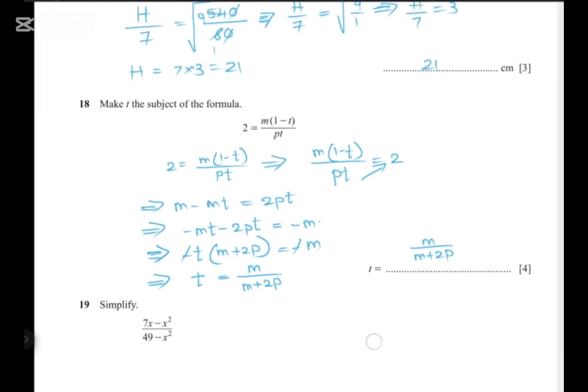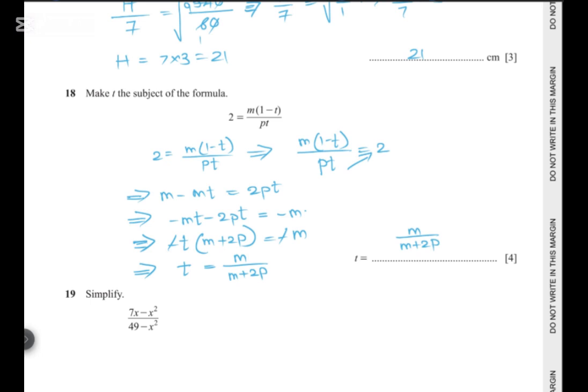Question number 19. Simplify 7x minus x square by 49 minus x square. Here in the numerator you can take x common and write in the bracket 7 minus x, and in the denominator you can write 49 as 7 square and x square.